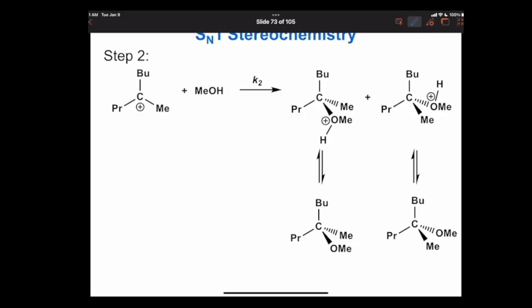The second step, the addition here, once you've made this very high energy carbocation, solvent just comes in, captures it. Which face it approaches, there's no control. So this is also back to, again, choosing reaction conditions.